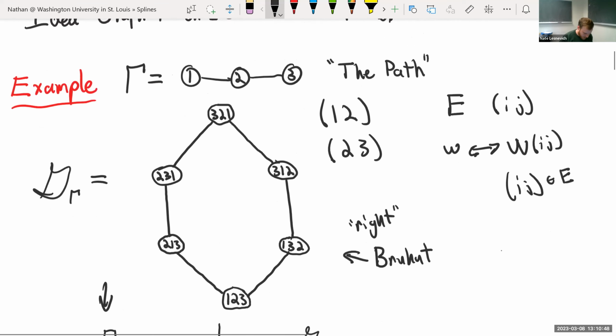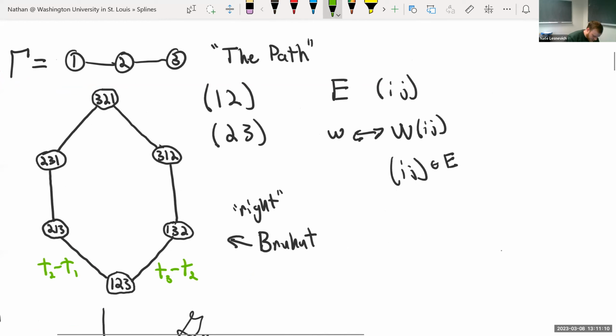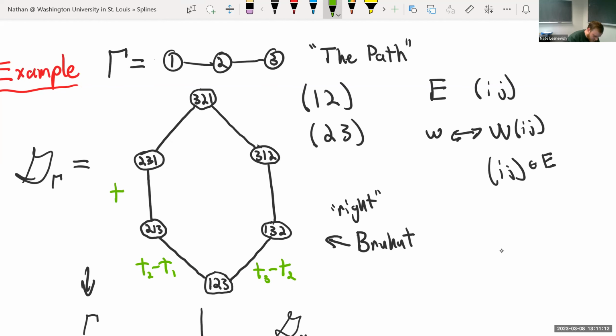So I'll do the labels up here, which I believe I do in green later, so I'll try to be color consistent. For this lower right edge, we switch 3 and 2. Here we switch 2 and 1. Here we switch 3 and 1. 3 and 2.